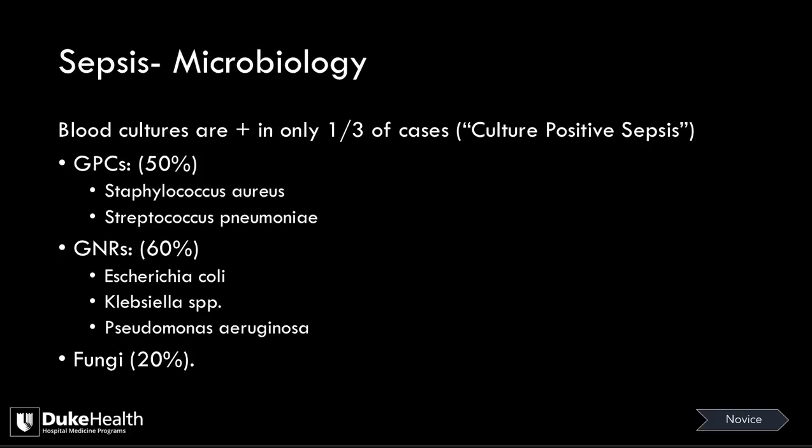And fungus were around 20%. I know these numbers don't add up to 100%. That elevated number can be explained by polymicrobial bacteremia. Nevertheless, as you can see, bacterial infections account for the majority of cases, but fungus should also be considered and has been identified as an increasingly common cause of sepsis.